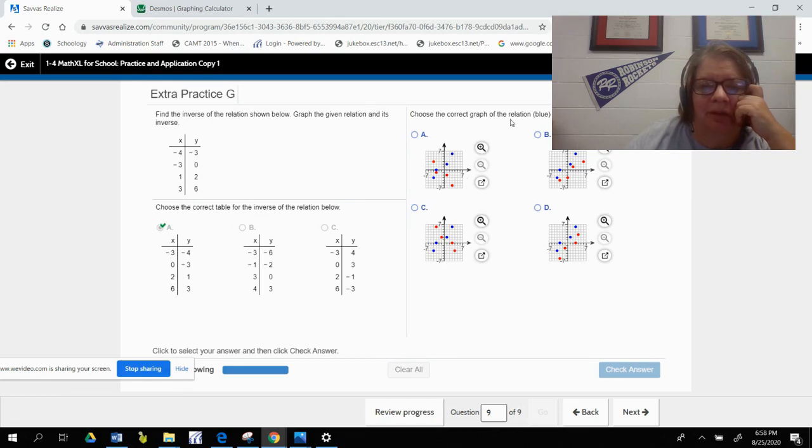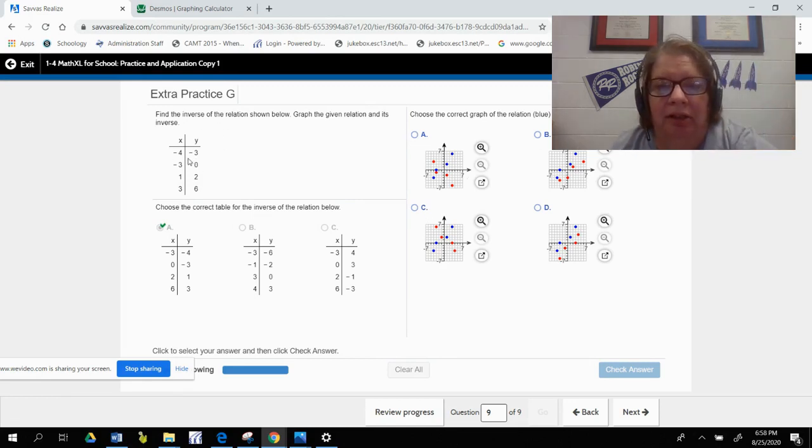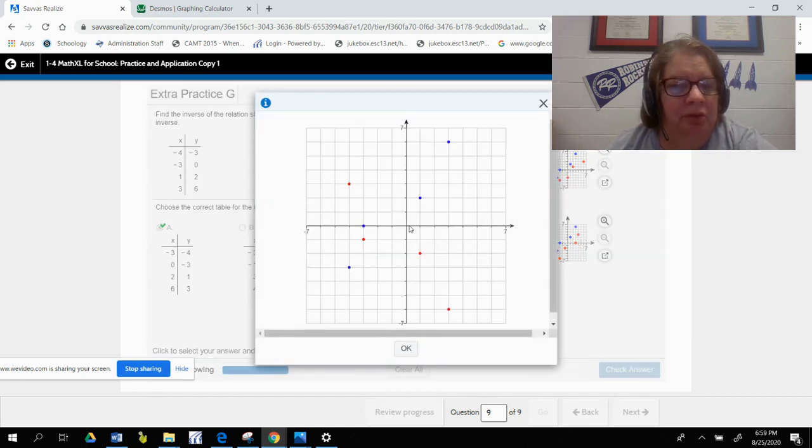Choose the correct graph of the relation. That's the original. So the blue one should be -4, -3. Can we tell which one is? Let's look at this one. Blue should be -4, -3. Yes. -3, 0. Yes. 1, 2. Yes. 3, 6. Yes.